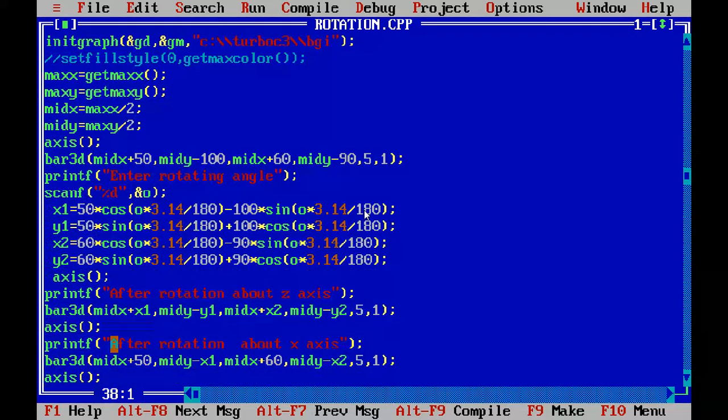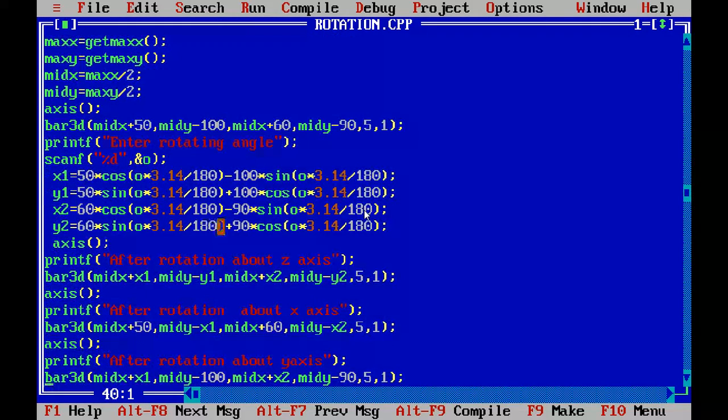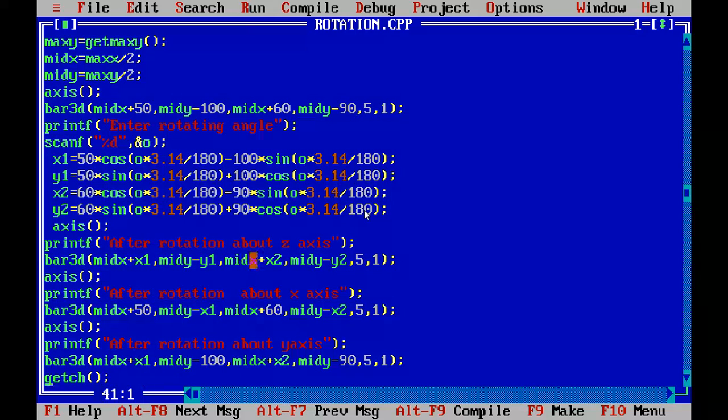It starts from the initial point of the x axis, y axis, and after rotation about the z axis it has some formula. There is some formula for rotation about the x-axis, and for the y-axis the bar 3D function has this. Here, bar 3D along the z-axis with x plus x1 and y minus y1. These are all the formulas you can calculate.